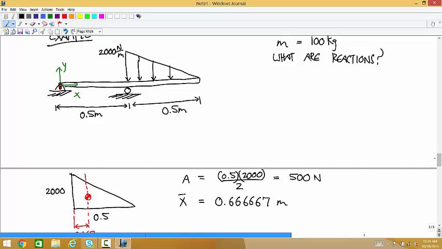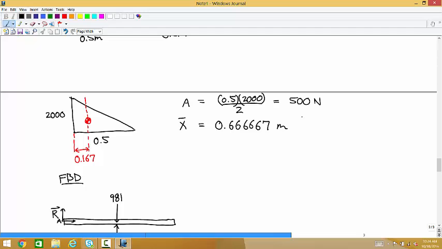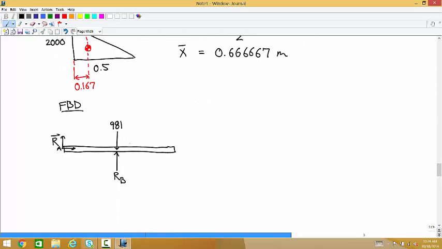And then last, there's going to be a force of 500 newtons here. Any questions about the free body diagram?